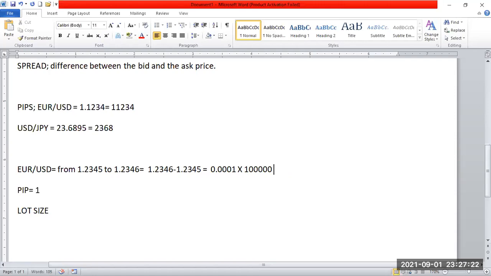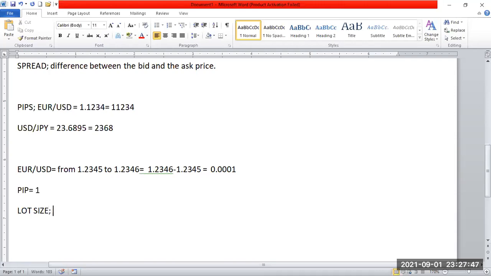So now to calculate, okay, back to lot size. Lot size is the volume at which you're buying. Here I multiplied this by 100,000 because I used a standard lot size. We have different types of lot size. I use the standard lot size, which represents 100,000 volume. I hope you understand.